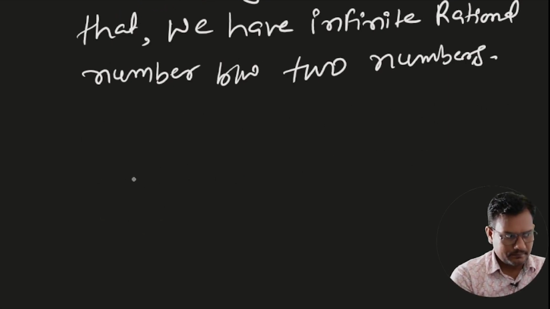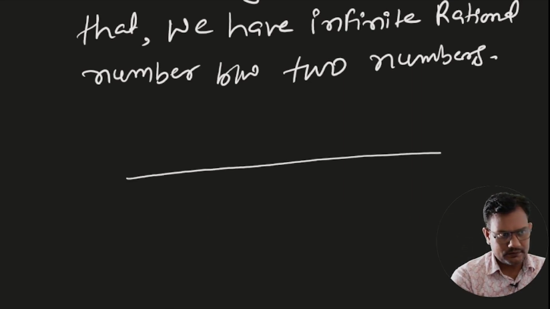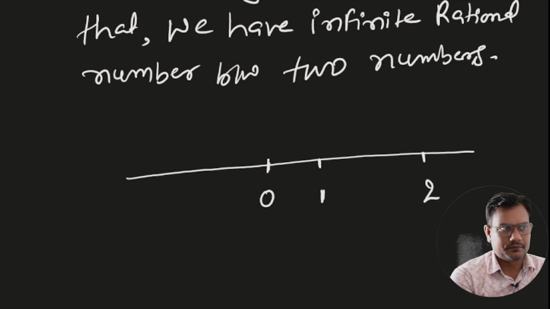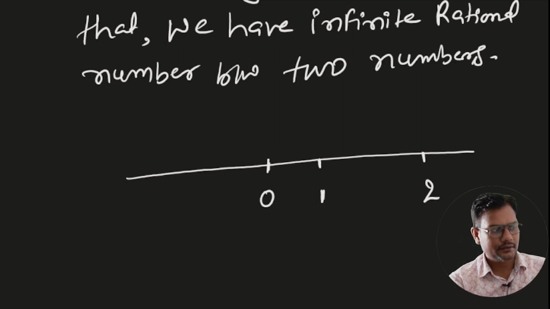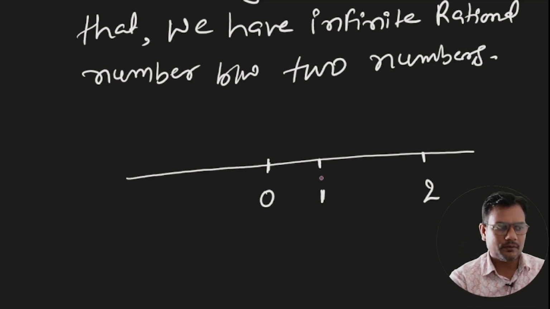See, we have a 0 here, 1 and 2. Understood? What we have observed?